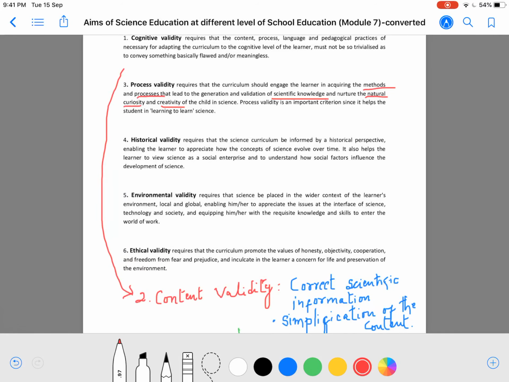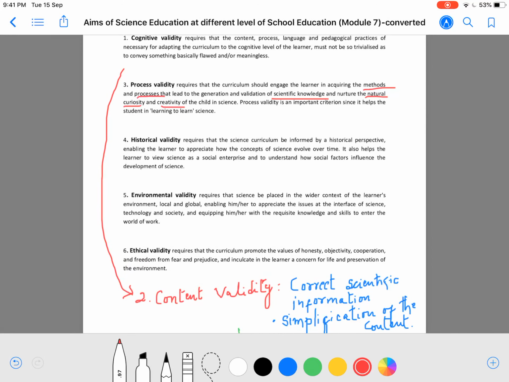And historical validity, which we have somewhat dealt with in the previous classes, means a science curriculum has to have lots of information from a historical perspective also, so that the learner will appreciate how the concepts of science evolved over time.